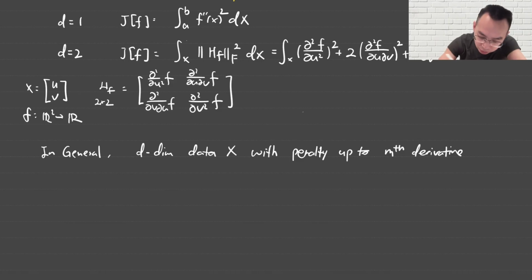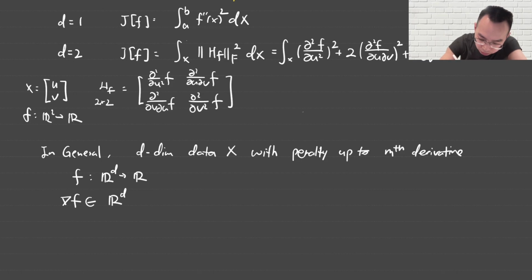So remember that our f is R^d to R, so that's our function. So the m-th derivative: the first derivative of f, the gradient of f, is going to be d by 1, so the first derivative is going to be in R^d.